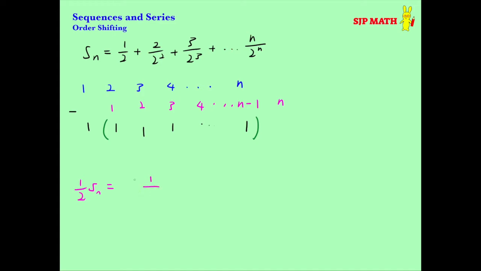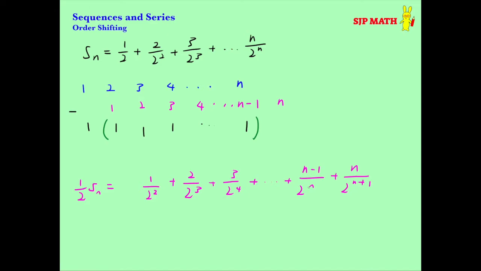So half Sn would then be equal to, we multiply half to each of the terms, so 1 over 2 squared, 2 over 2 cubed, plus 3 over 2 to the 4, plus all the way up to n minus 1 over 2 to the n, plus n over 2 to the n plus 1.